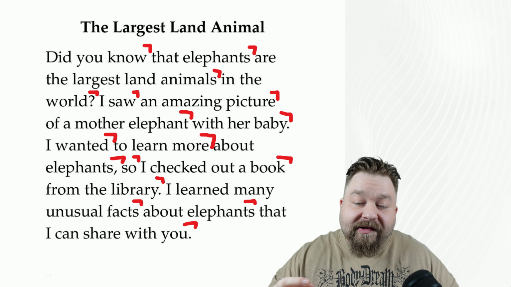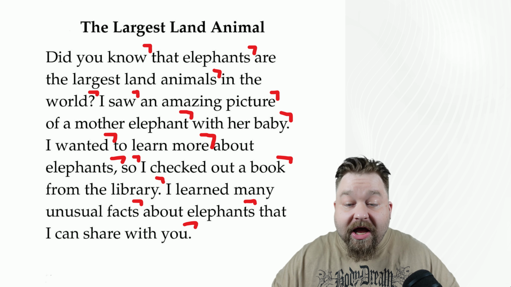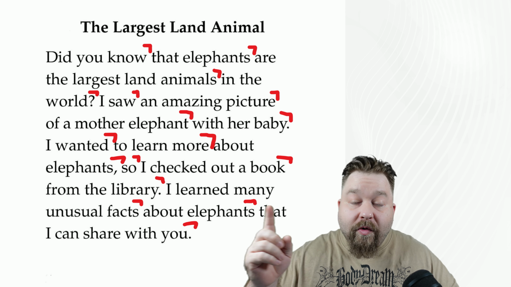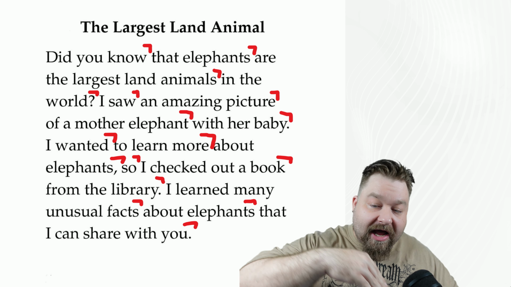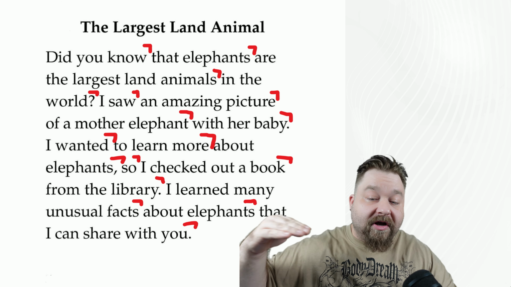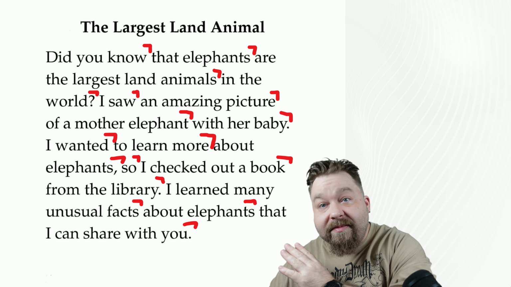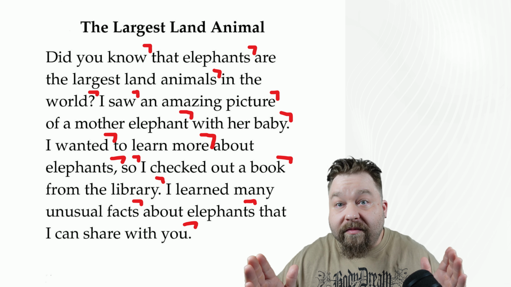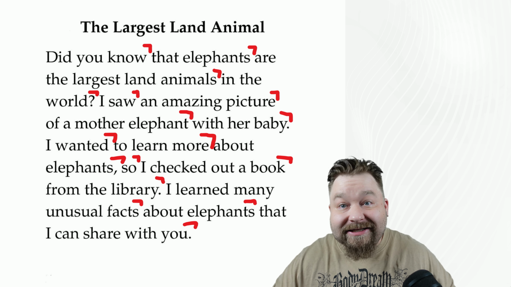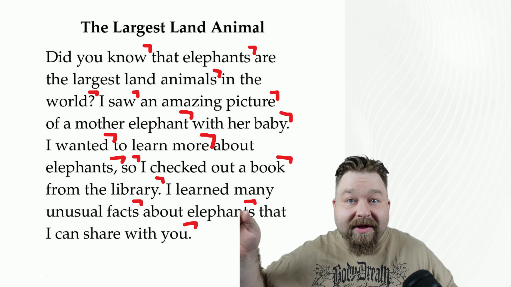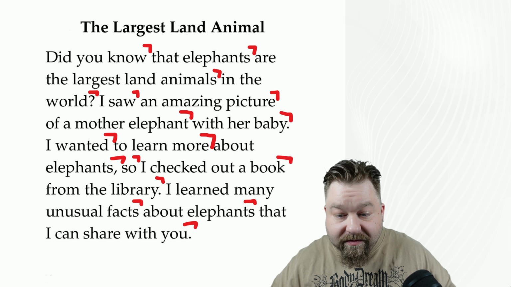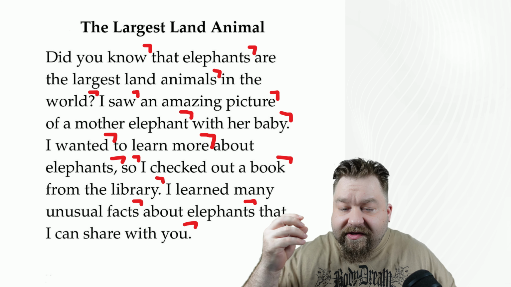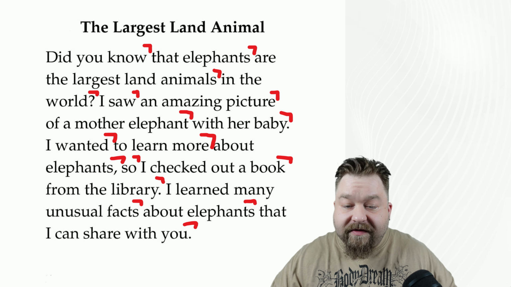Now, I saw an amazing picture of a mother elephant with her baby. I saw an amazing picture of a mother elephant with her baby. See? That pause gives us the perfect rhythm for our sentence. Let's keep that same pattern of time. Let's keep going. I wanted to learn more about elephants.